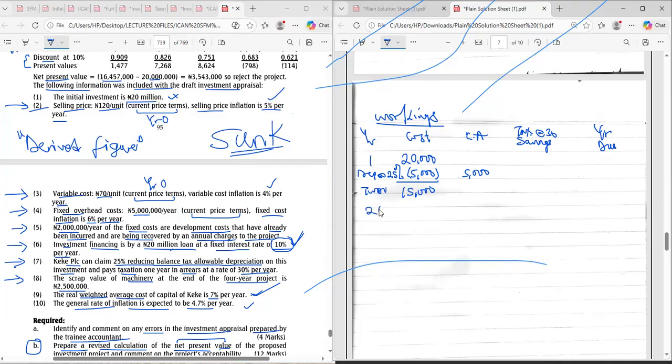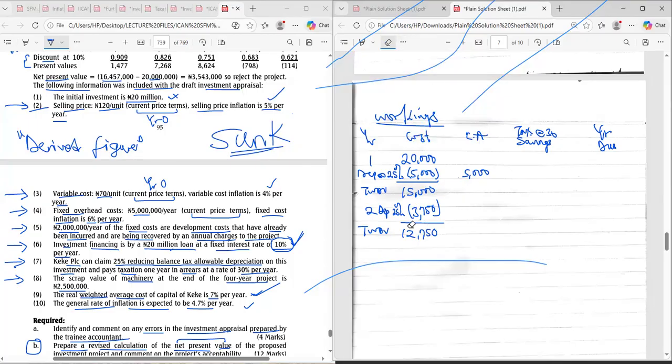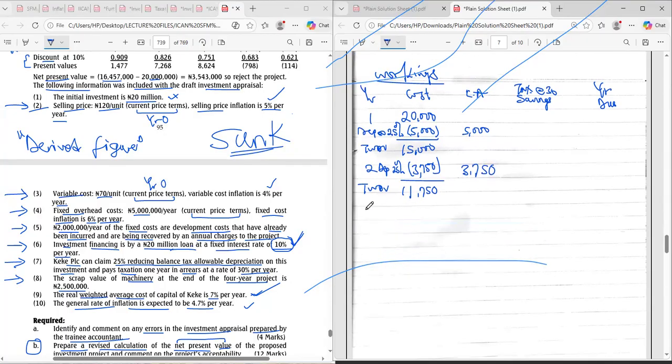Therefore, year 2, your depreciation will be how many percent? 25 again. This is on net book value. So do 25% of 15,000. 3,750. Minus it, what do we have? 11,250. Okay, take this one and put it here. Next one is what? 11,250.